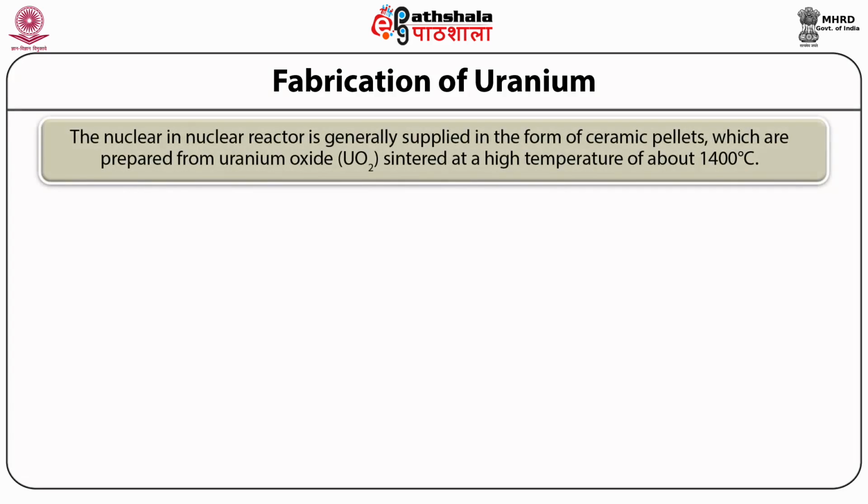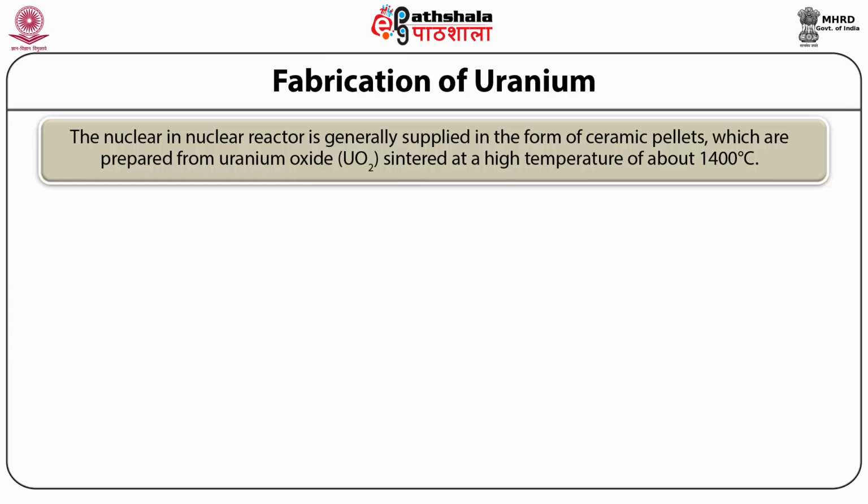The fuel in a nuclear reactor is generally supplied in the form of ceramic pellets, which are prepared from uranium oxide sintered at a high temperature of about 1400 degrees Celsius.